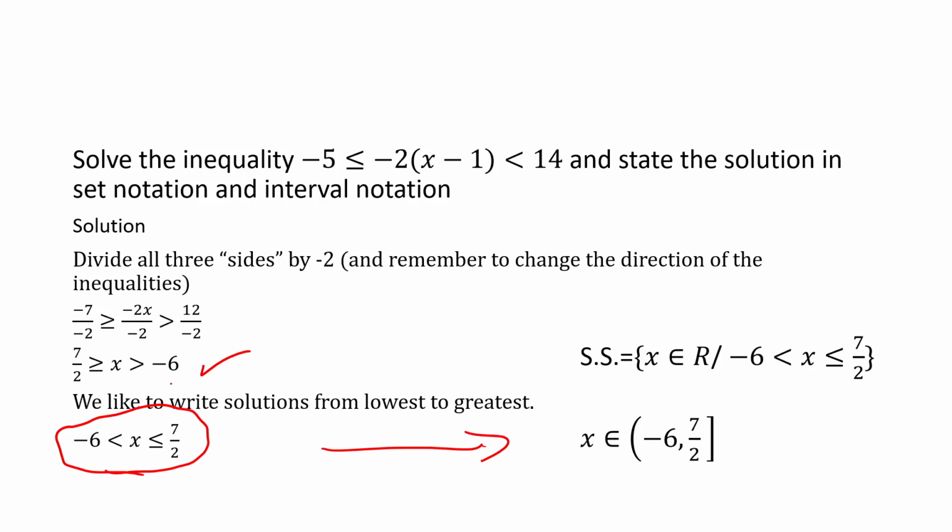Now, please note, if you leave it like this, that's technically correct, but if you then write your interval notation as this, you'll get no marks at all for that because that doesn't make any sense in interval notation. Interval notation, you're always putting the smaller number first and the larger number second.